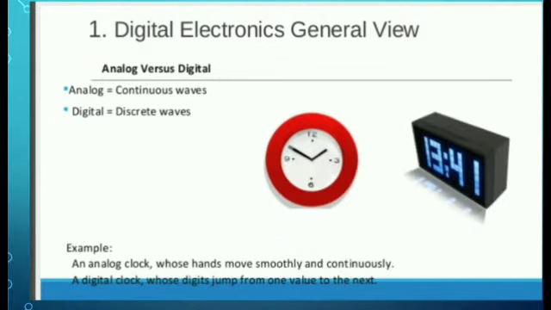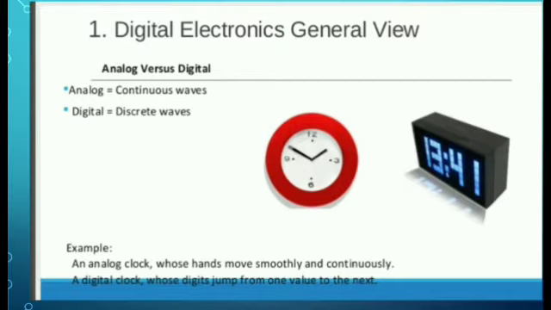Here in digital electronics, we use digital signals. Before that, we are going to discuss analog signals, right? See, analog versus digital. This is the analog clock and this is the digital clock. Analog means continuous waves. Digital means discrete waves.